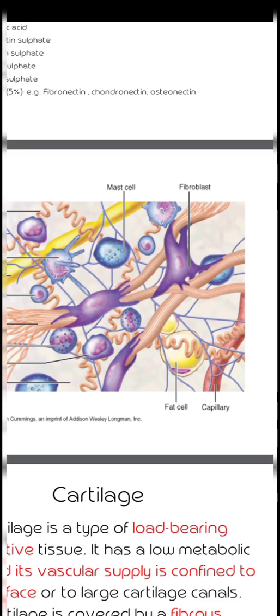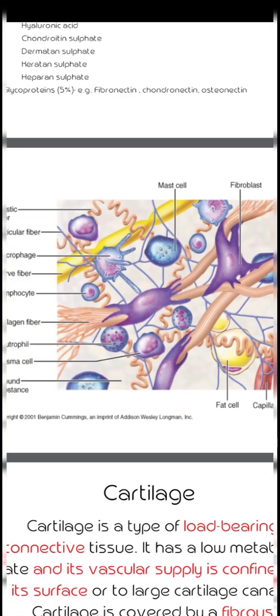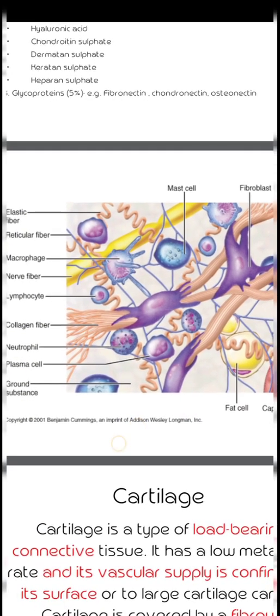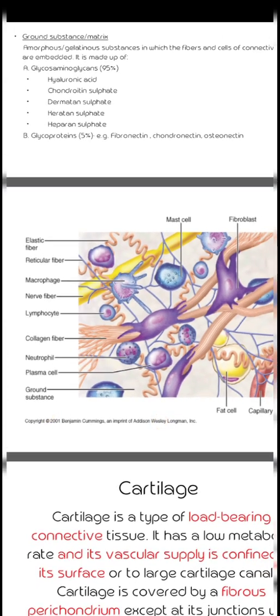All of these are different types of connective tissue cells, and they are occurring at a single site. That explains in itself the importance of connective tissue in our body. Moreover, there is a lymphocyte, a macrophage, a neutrophil, a plasma cell.